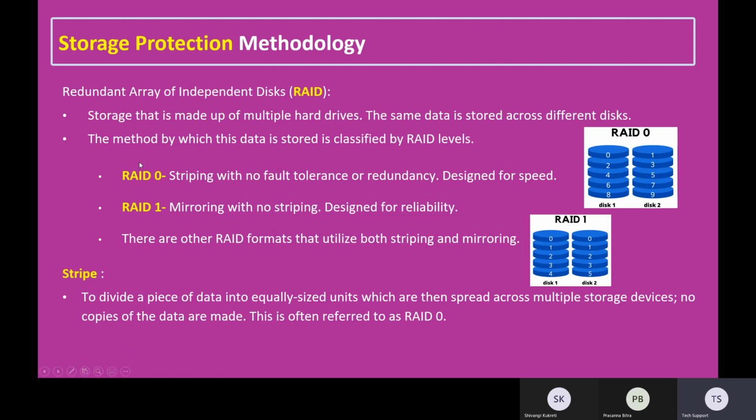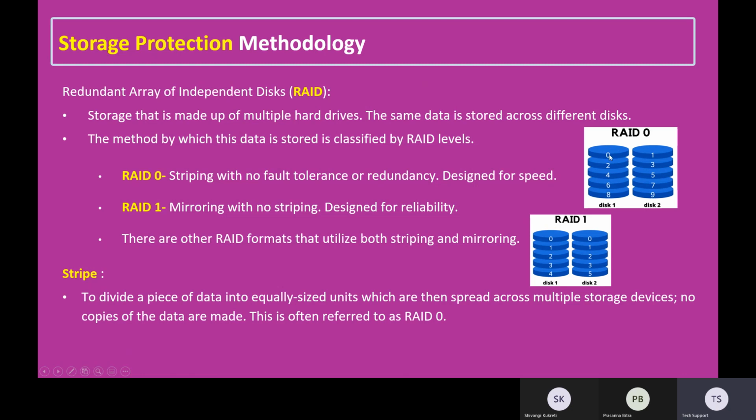Try to understand RAID 0. RAID 0 means striping with no fault tolerance or no redundancy, designed for speed. In the diagram on the right side, I'm explaining with hard disks. Let's say we have disks 0 to 9, totally 10 hard disks.